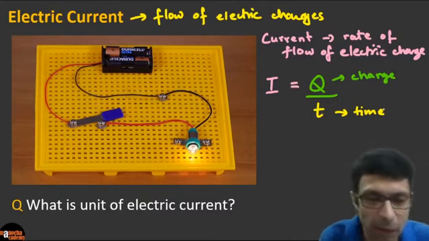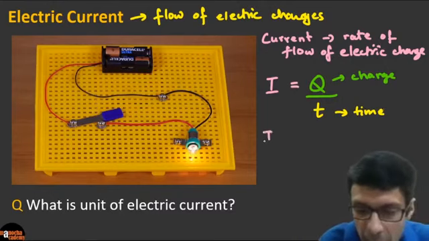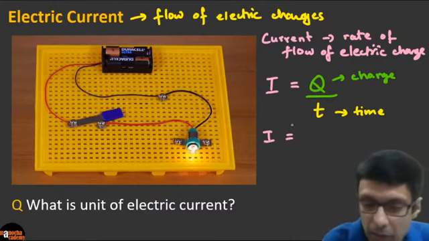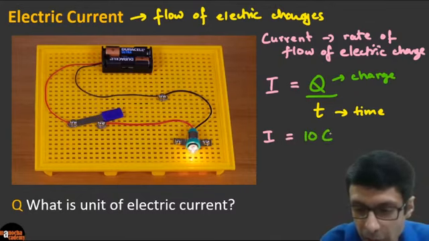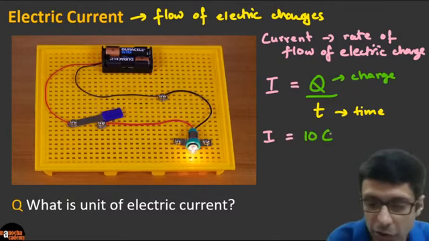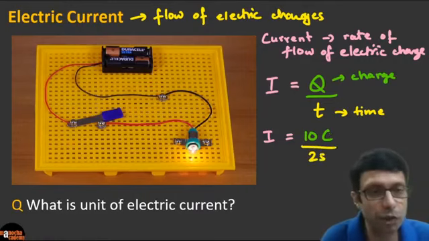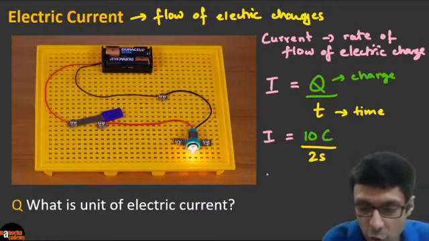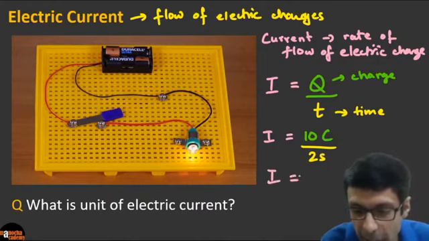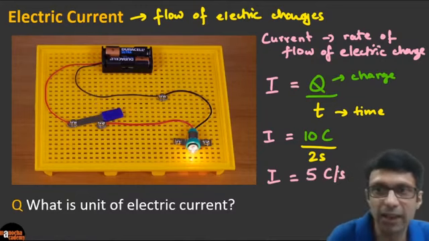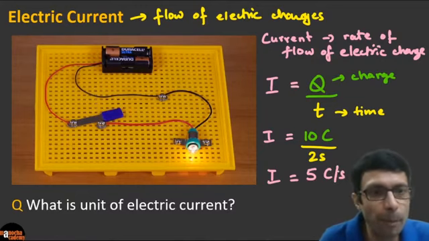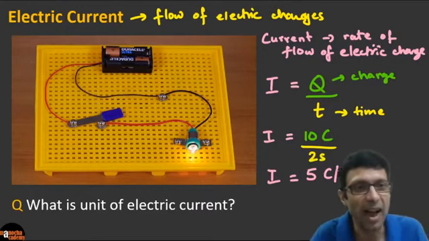So let's say, for example, we have 10 coulomb of charge flowing in 2 seconds. So how much current is that? It's going to be 10 by 2, so that's going to be 5 coulomb per second. Now, what is the unit of electric current? It's coulomb per second. Excellent, guys.